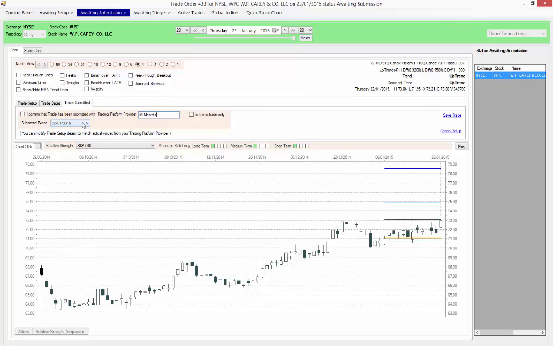So there it is there. I'm going to confirm that I'm going to enter it into my trading platform, IG Markets. It's not a demonstration trade, and I'm going to click Save the Trade.